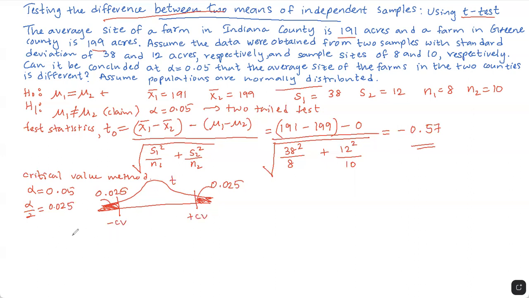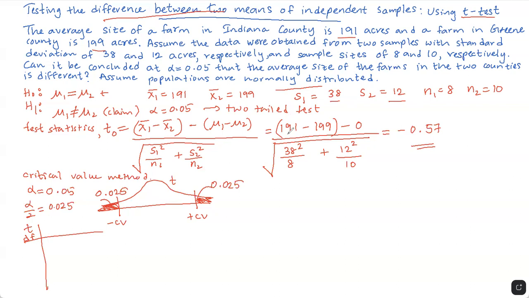Since we are in the t distribution, to use the t table we need to find the degrees of freedom. Since the variances are not equal, we have two different standard deviations, which means two different variances.